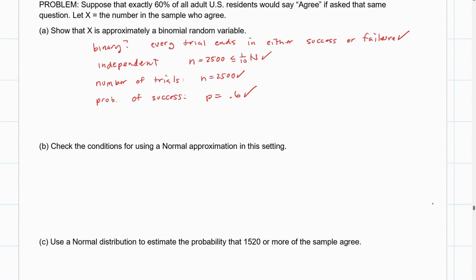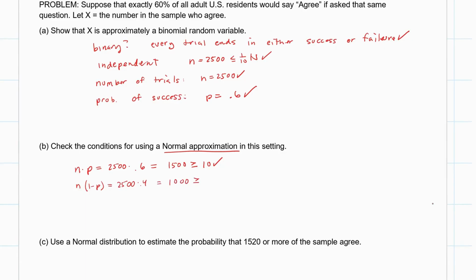Now, do we meet the conditions for a normal approximation? Well, n times p, which is 2,500 times 0.6, ends up being 1,500. Is 1,500 greater than or equal to 10? Yes, we expect more than 10 successes. What about n times 1 minus p? That's 2,500 times 0.4, which ends up being 1,000.